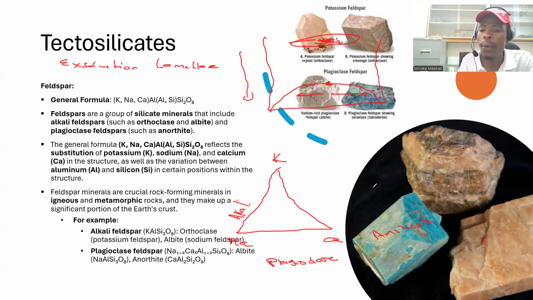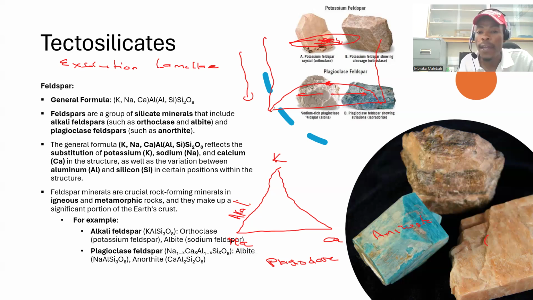Now, that's basically alkali feldspars. Obviously, in the microscope, the alkali feldspars have albite twinning and other things. But the plagioclases in the microscope have polysynthetic twinning. That's basically how you can easily identify them.